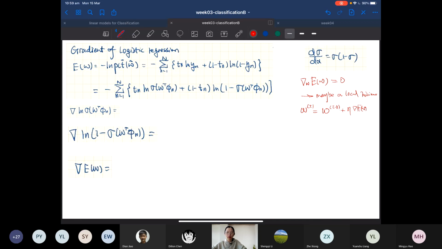Okay, so we just rewrote the cross entropy term upstairs. That's nothing new. The next thing we do is expand the yn terms. So yn is the sigmoid function of W transpose phi n. We just plug it in, in both places.